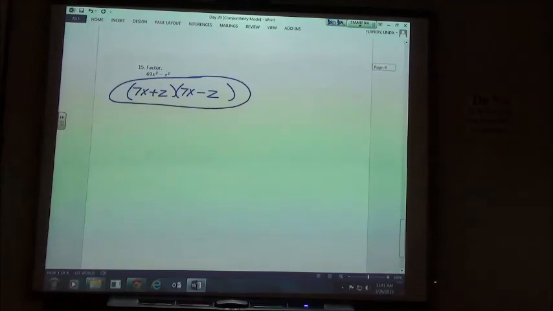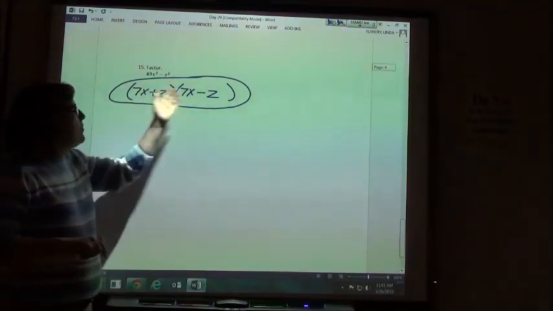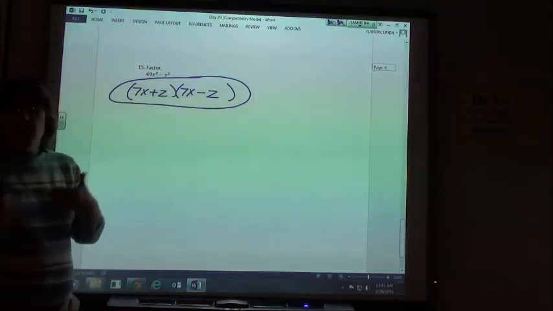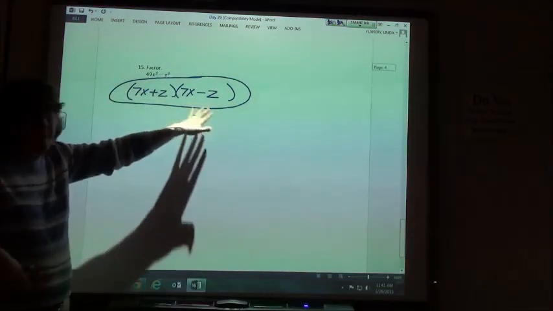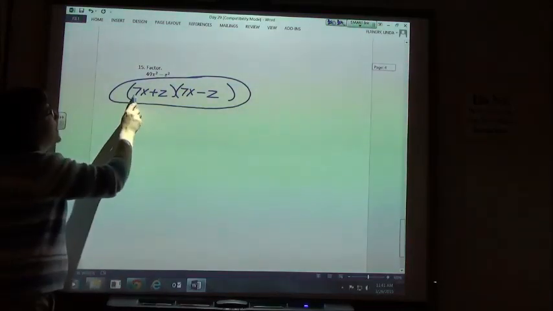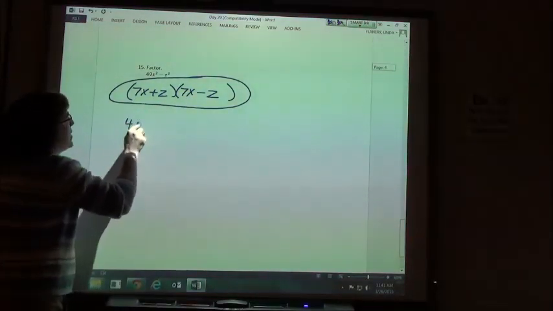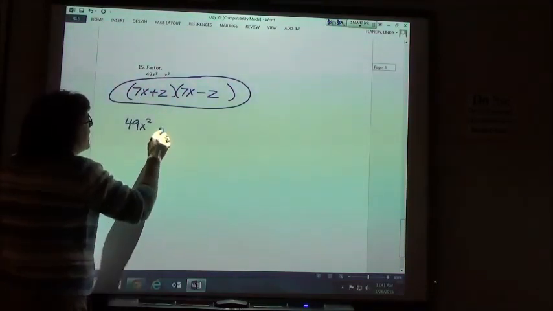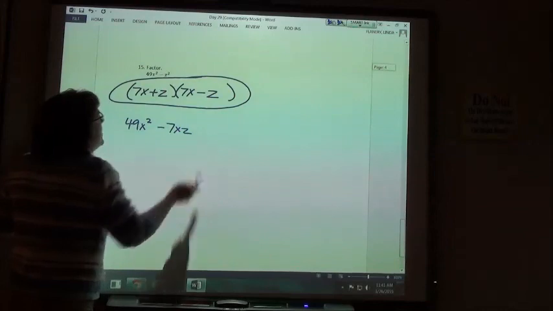And any of these ones that say factor, if you multiply them back out, you should get what you started with. So if you're not sure if you did them right, FOIL it out the long way and check to see, does it work out? 7x times 7x, 49x to the second power. 7x times a minus z, minus 7xz.